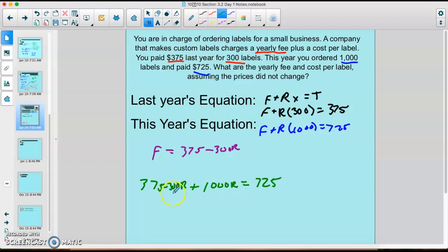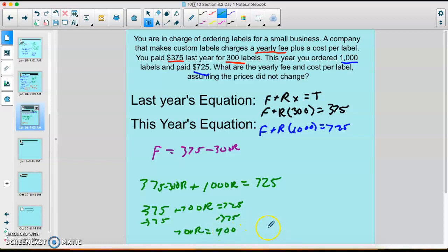Okay, now we combine our like terms. So we end up with 375 minus 300 plus 1000 would be plus 700r. Okay, we subtract 375. We get 700r, and this would end up being 400. Right? Yeah, 400.